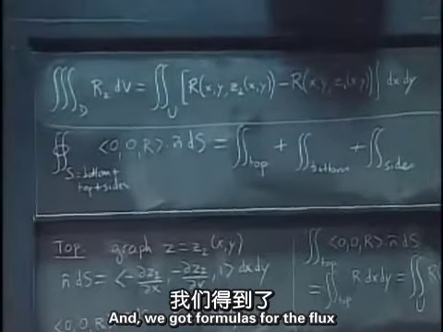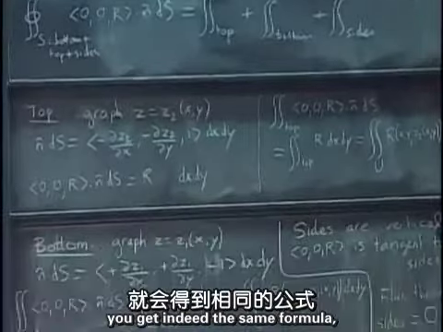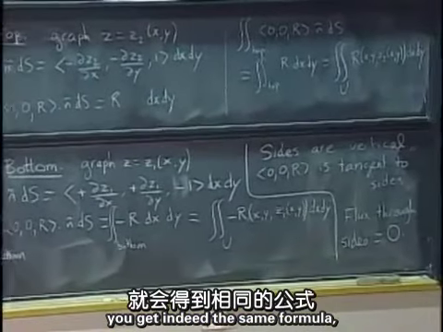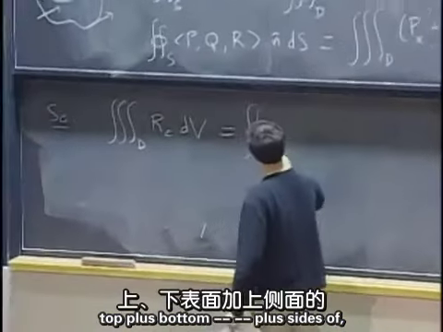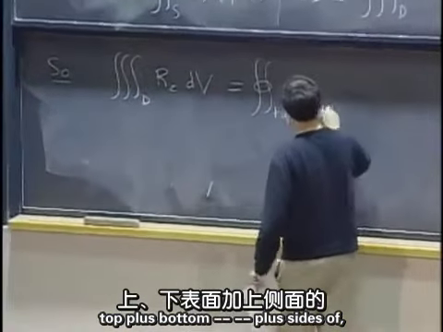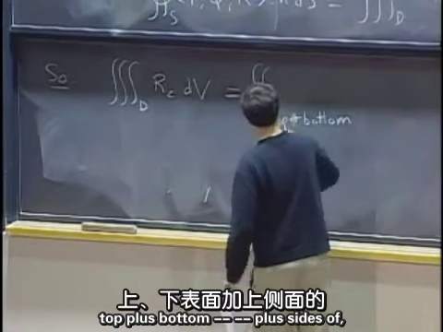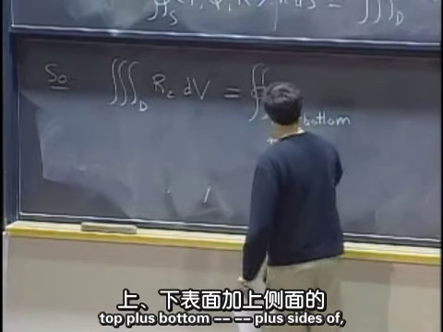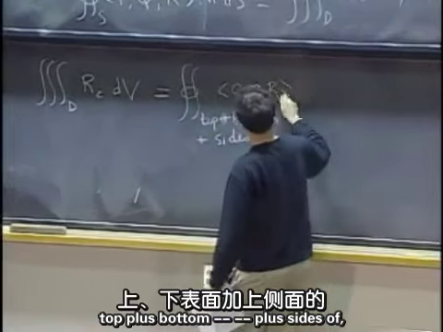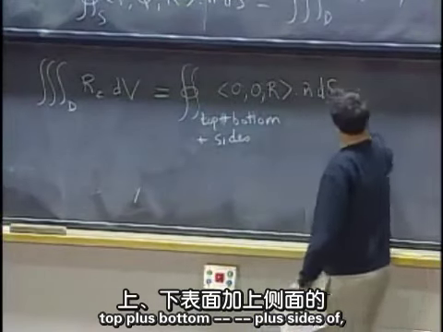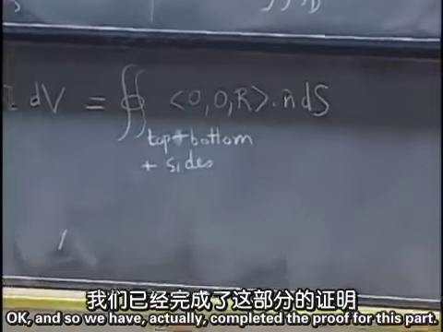And we got formulas for the flux through the top and the bottom and the sides, and when you add them together, top plus bottom plus sides, you get indeed the same formula. Okay, and so we have actually completed the proof for this part.